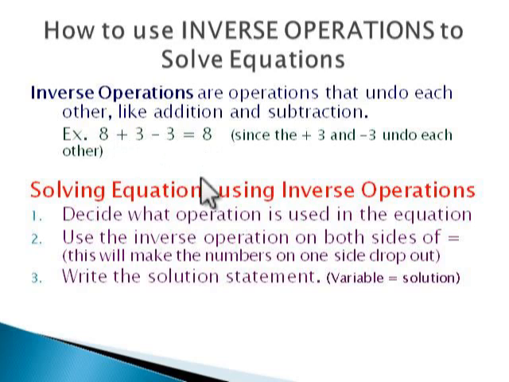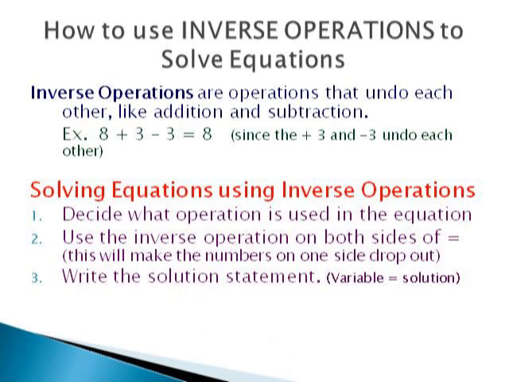Okay, so how do we solve an equation with this information? You look at what operation is being used in the equation to start with. Is it addition? Is it subtraction? Use the inverse of that with whatever number they're using on each side of the equal sign. And then you write your solution.